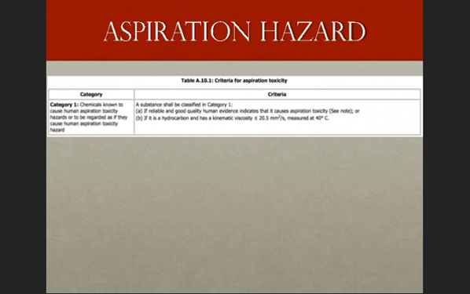However, if the substance or mixture also presents an aspiration toxicity hazard, the recommendation to induce vomiting may need to be modified. There is only a single hazard category for aspiration hazards. Category 1 describes chemicals known to cause human aspiration toxicity hazards or to be regarded as if they cause human aspiration toxicity hazards.